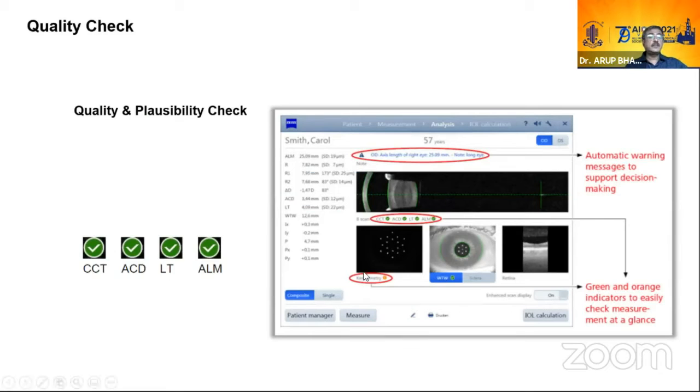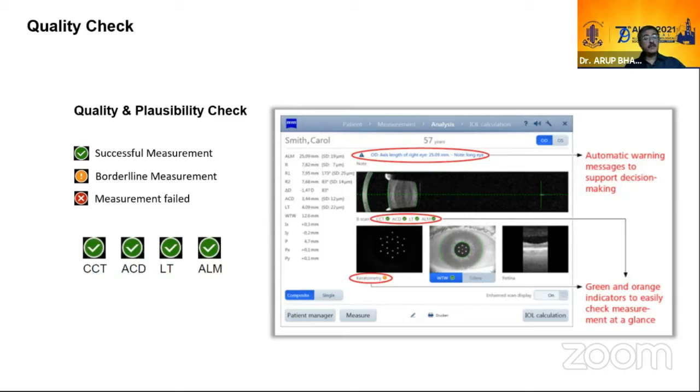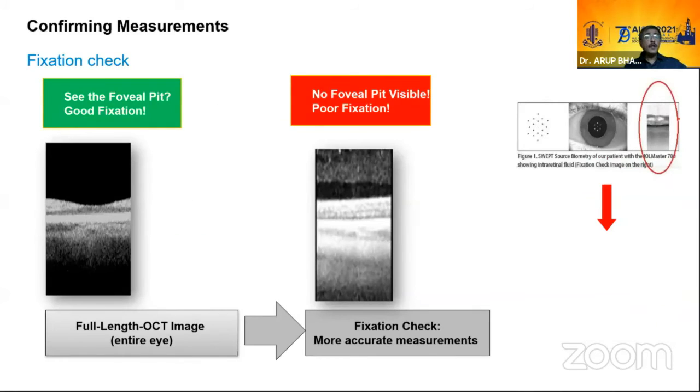If there is a green sign everywhere, it is automatically successful. If you get a borderline problem, you have a yellow signal, and if it is a measurement failure, it gives you a red signal. So there is an automatic warning message that supports decision making, and the green and orange indicators let you easily check the measurement at a glance.